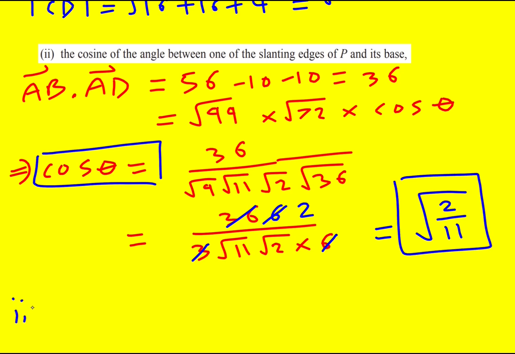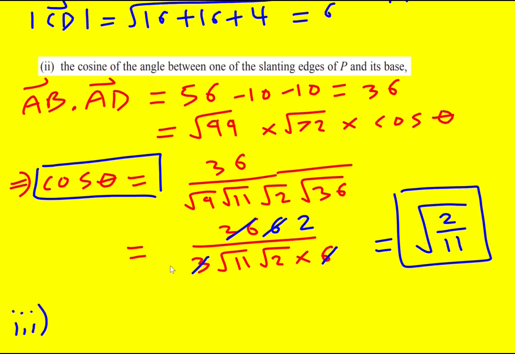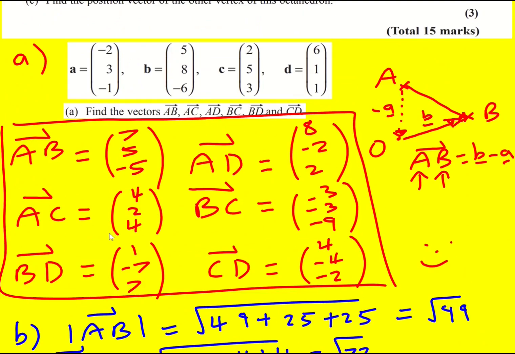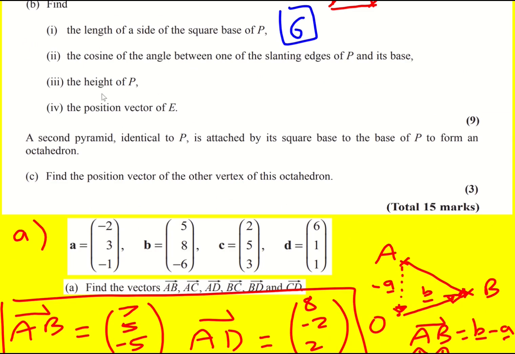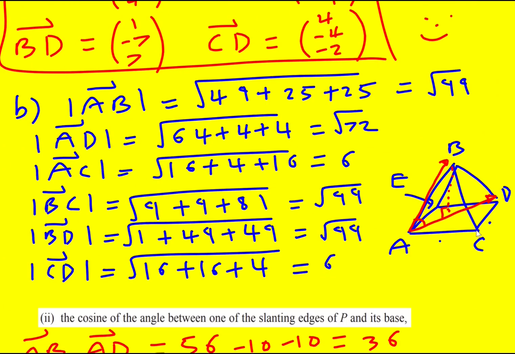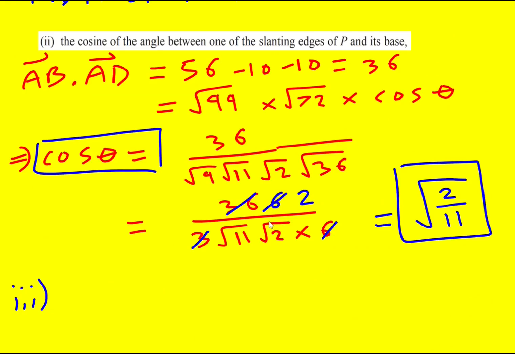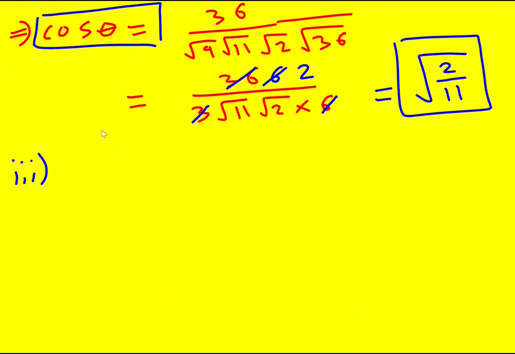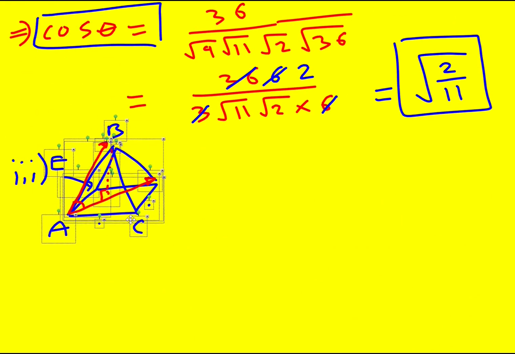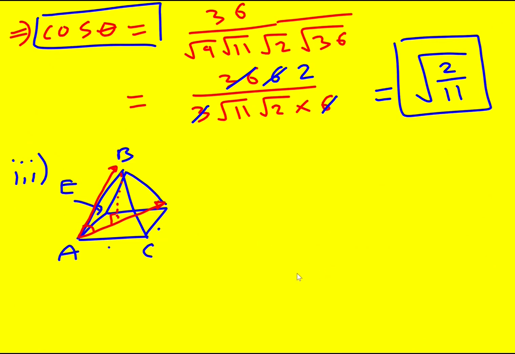Okay, on to part 3, where we're asked to find the height of P. And then in part 4, we're asked to find the position vector of E. So I want the height. Well, I've actually made good headway with this because we've got the length AB, remember?